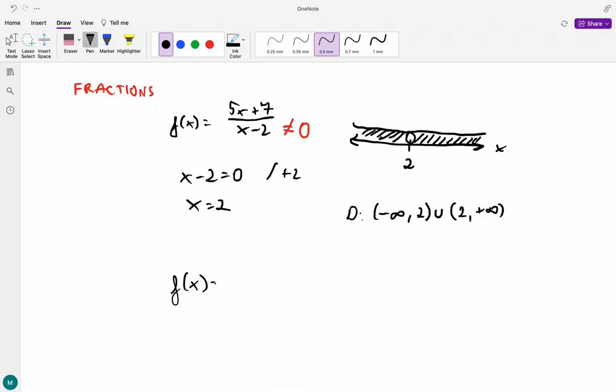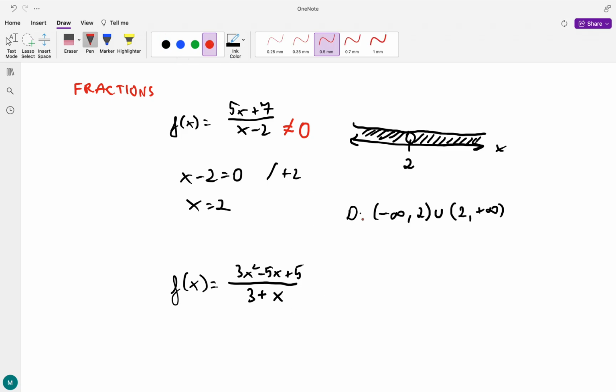And the same goes for any fraction. For example, f of x equal to 3x squared minus 5x plus 5 divided by 3 plus x.